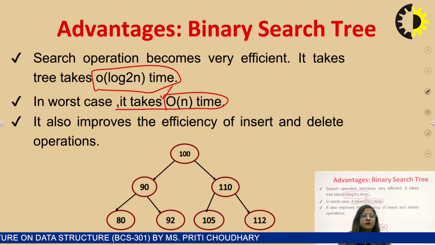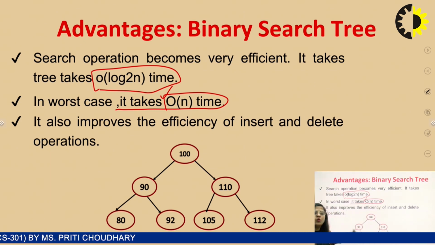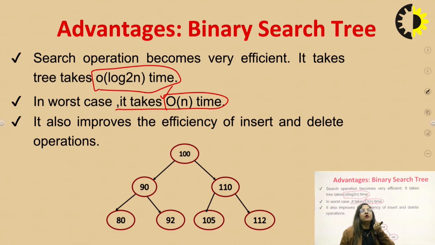So searching becomes very efficient because if you want to find any number in a BST, first the number you want to search is compared with the root node. If this number is less, then it goes to the left side.